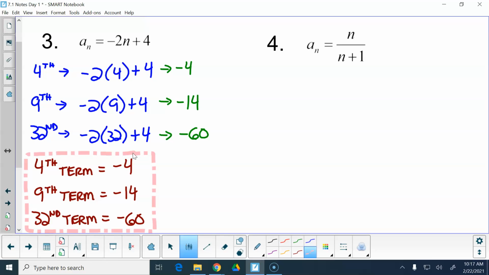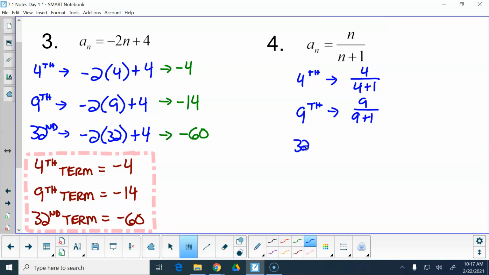As a sequence? I would still list it out like this. So over here, my 4th term is going to be 4 over 4 plus 1. My 9th term is going to be 9 over 9 plus 1.